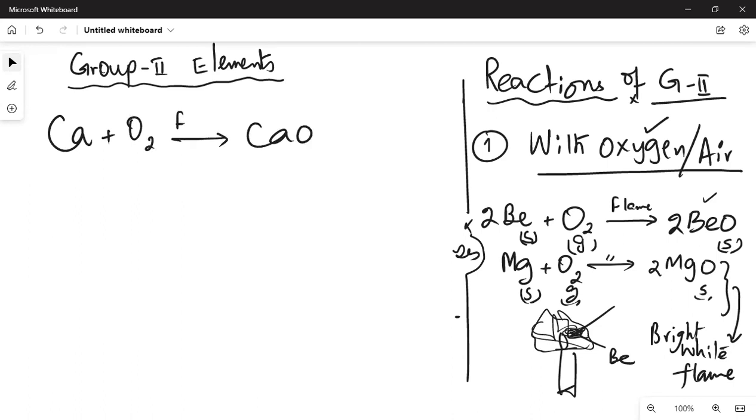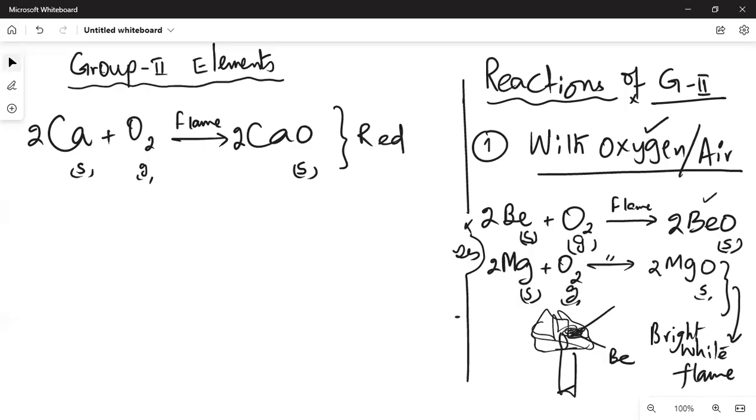Again, it will be done in a flame. If you are telling me the flame color, yes, it's red. Solid calcium oxide, 2, and its flame is red.